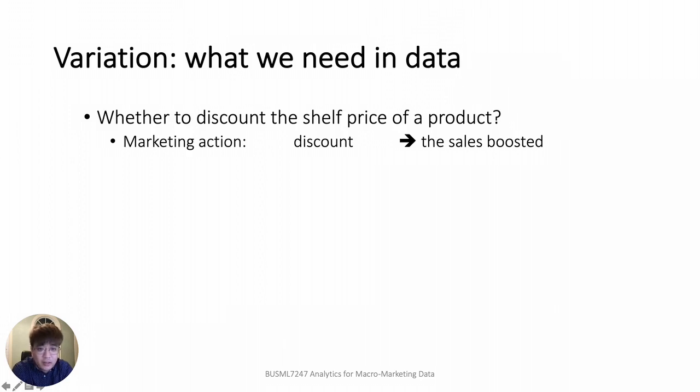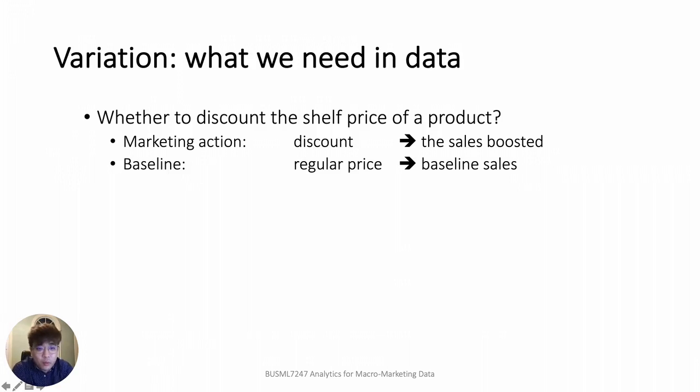So, suppose that we gathered sales data at a discounted price. Can we measure the effect of the discount on sales? No, we can't. Because we know only the sales boosted, and there is no way to know the amount of additional sales due to the discount. Then, what do we need to know there?